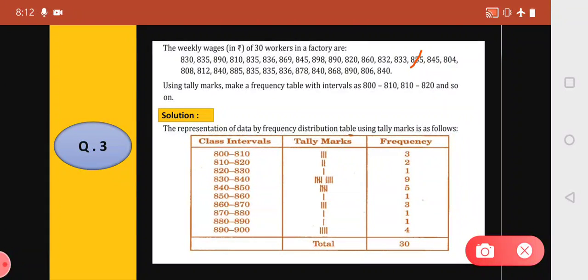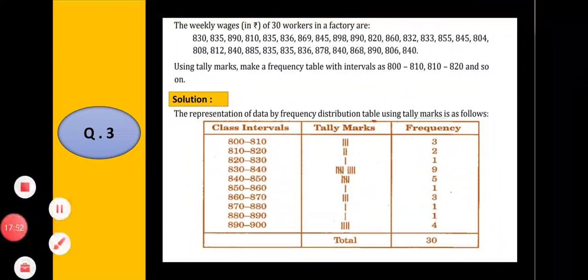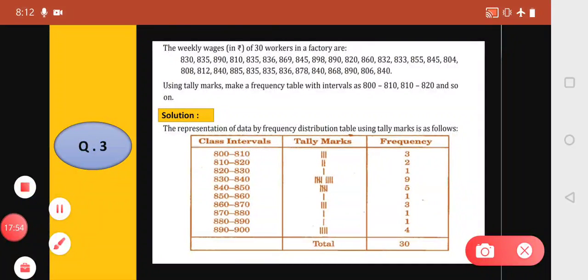No other frequencies, only one frequency in the class interval 850 to 860. So we'll mark one vertical line only and the frequency is 1. Next class interval, that is 860 to 870. Let's count from the observation.